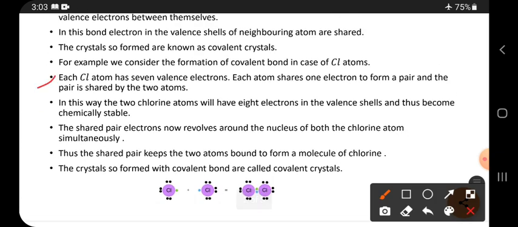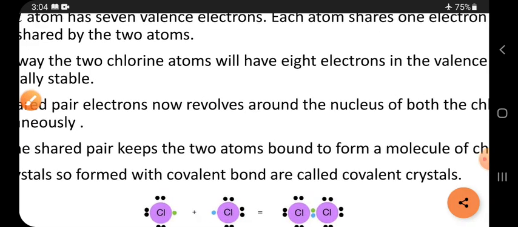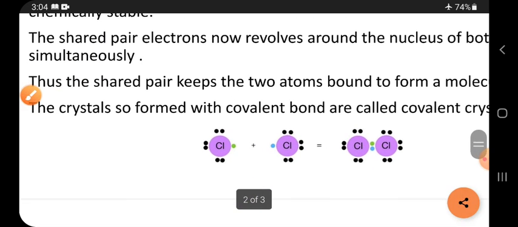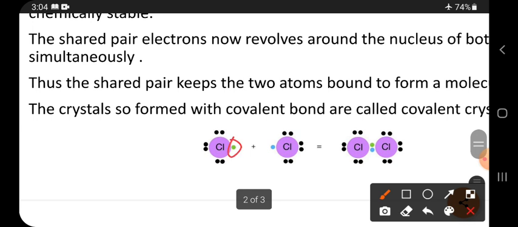Each chlorine atom has 7 valence electrons. Each atom shares one electron to form a pair, and the pair is shared by the two atoms. Each atom has one single, unpaired electron, and the other atom has one unpaired electron.